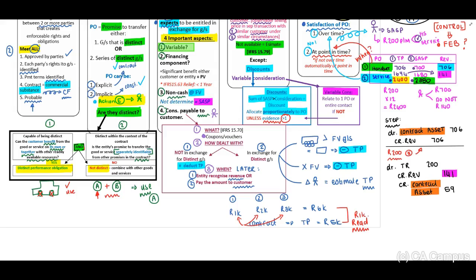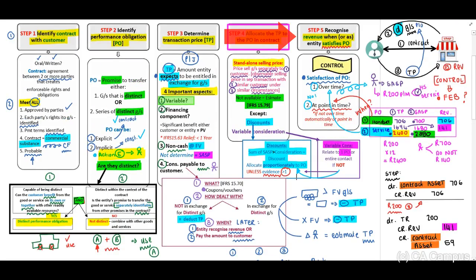You allocate that to the one performance obligation. If not, the standard indicates to us that we can then use the rules of our discount section and proportionally allocate the variable consideration.